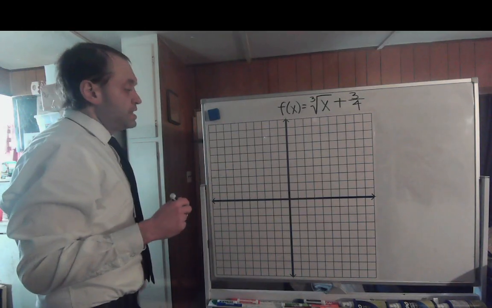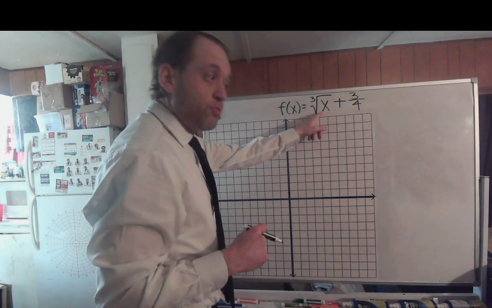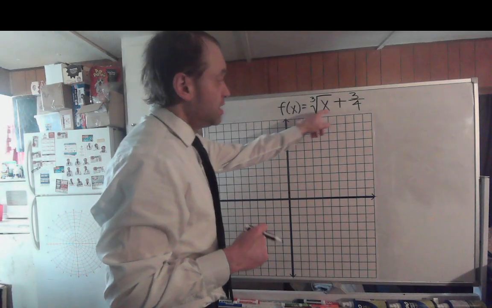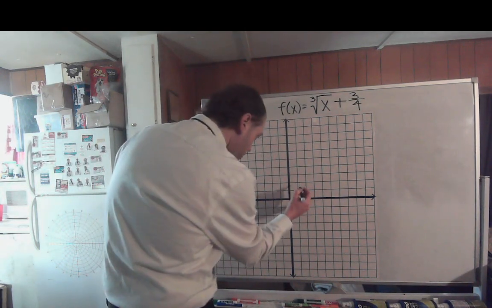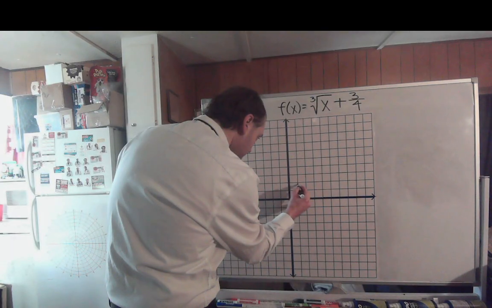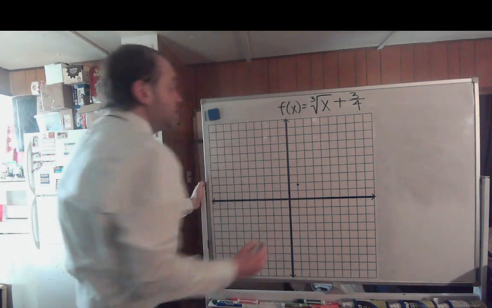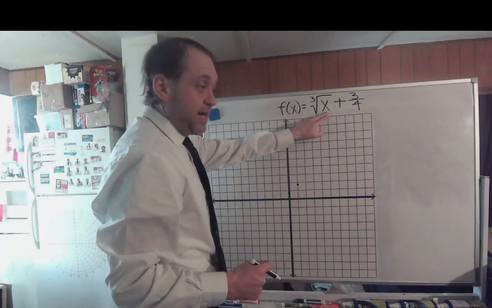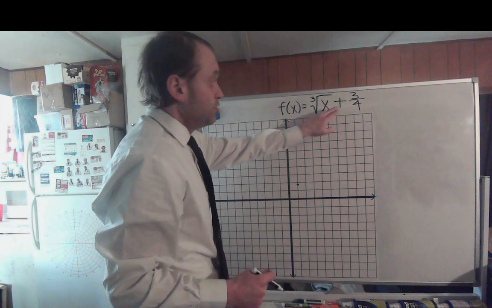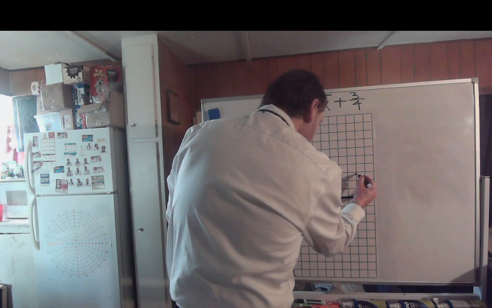Okay, now what about when x is 1? Cube root of 1 is what? That's 1 plus 3/4, that puts you at 1, 3/4, which would be right about there. Then when x is 8, cube root of 8 is 2 plus 3/4, that puts you at 2, 3/4, which would be right about there.